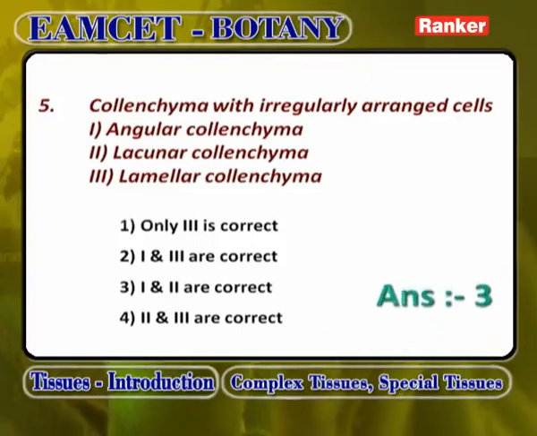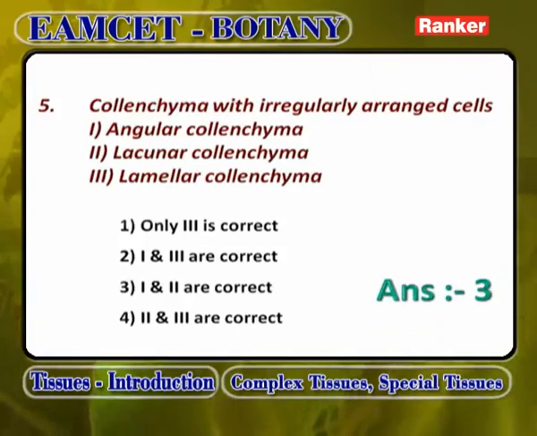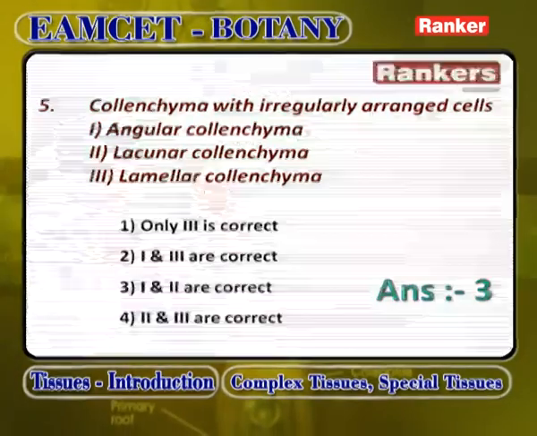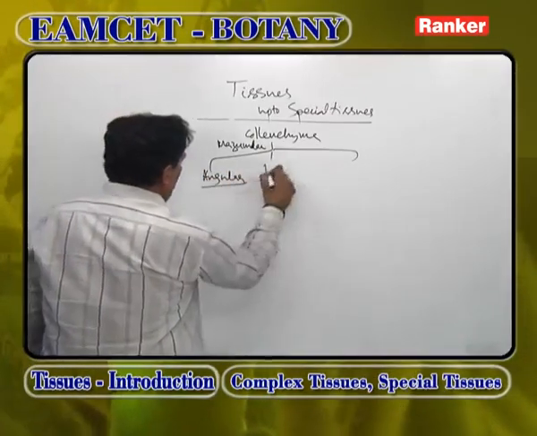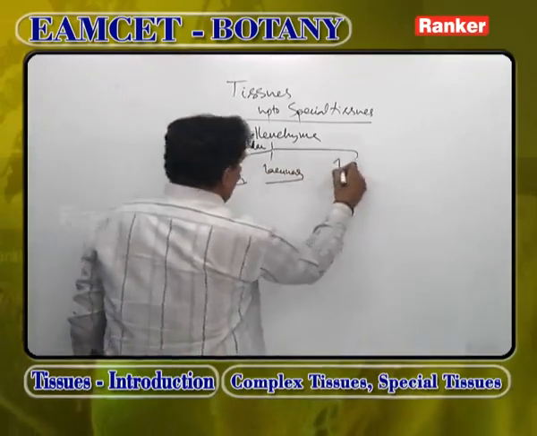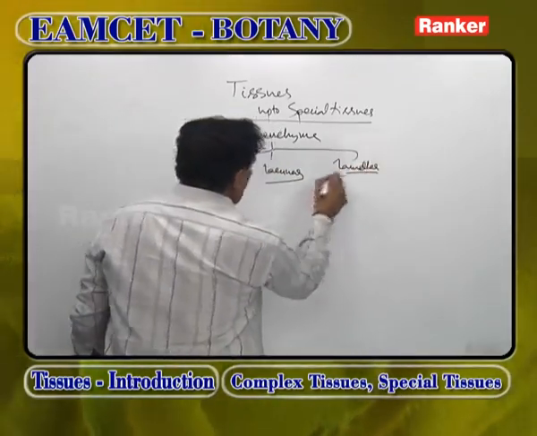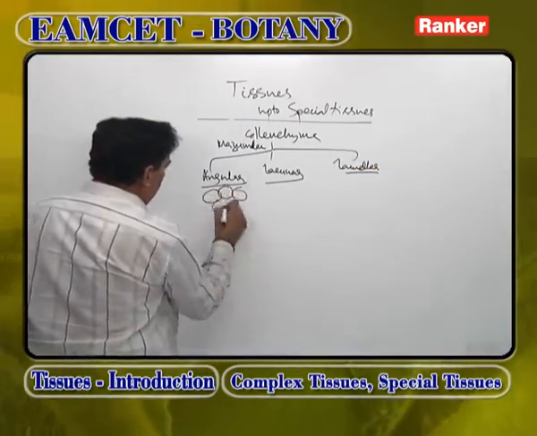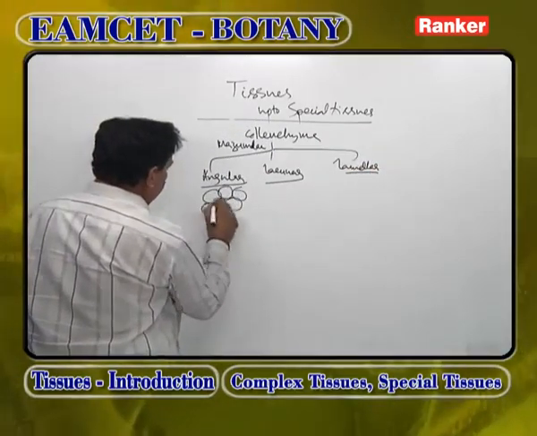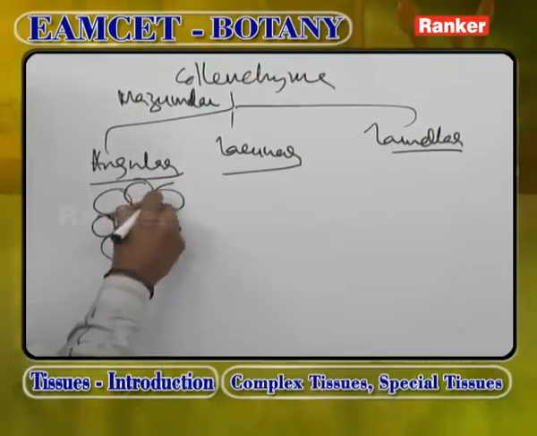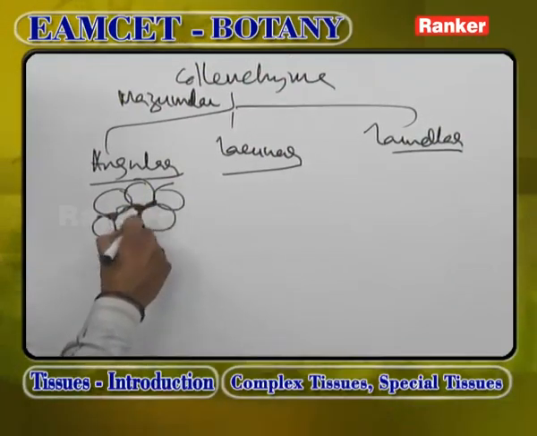Now, collenchyma with irregularly arranged cells. According to Majumdar, collenchyma is of three types: angular, lacunar and lamellar collenchyma. In angular collenchyma, cells are irregularly arranged and the intercellular spaces are completely filled with chemical substances like pectin and cellulose.